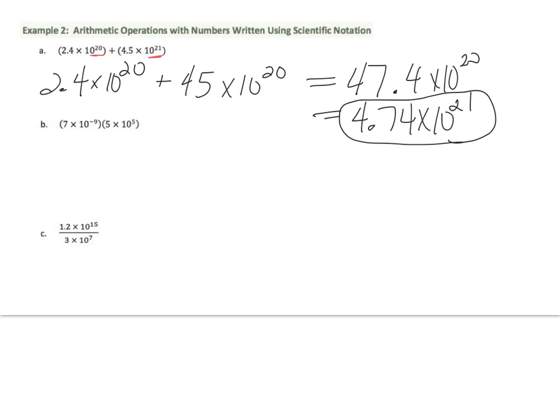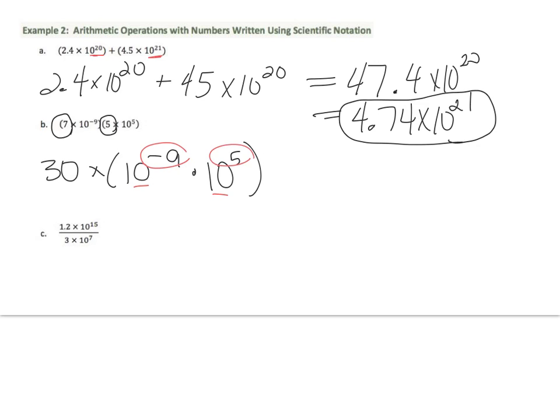For this next one, you're multiplying. I'm actually going to grab these two and multiply them, right? And then I'm going to combine these with our power rules that we've learned. If you remember, when you multiply like bases, you add the exponents.